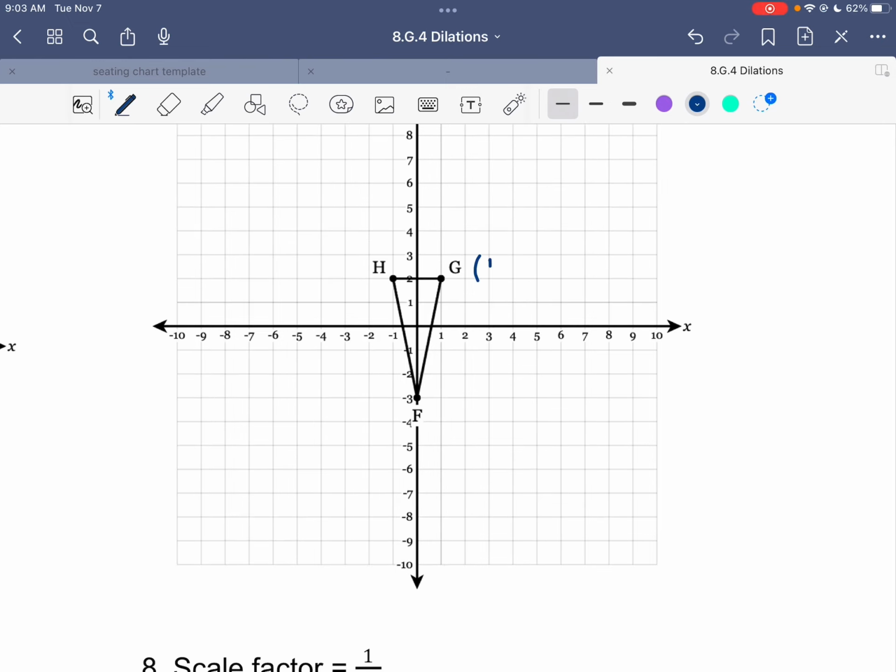G is 1, 2. H is -1, 2. And F is 0, -3. We're going to multiply all of these. So G prime will be 1 times 3 and 2 times 3. So G prime will be at 3, 6.